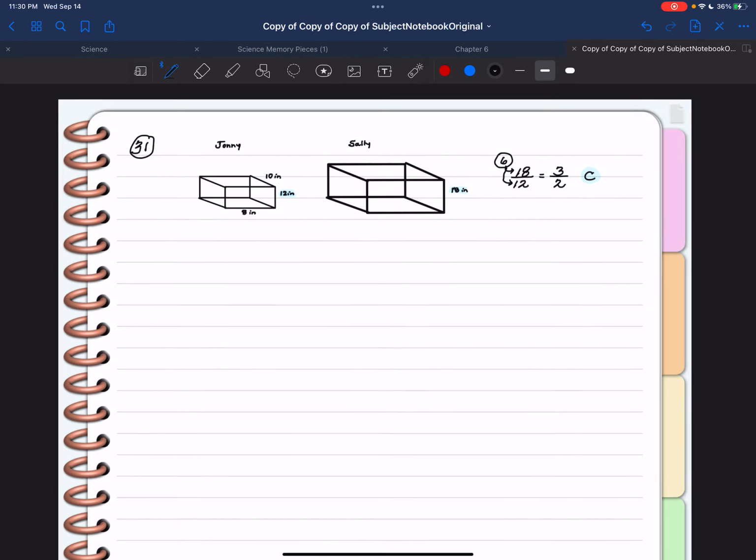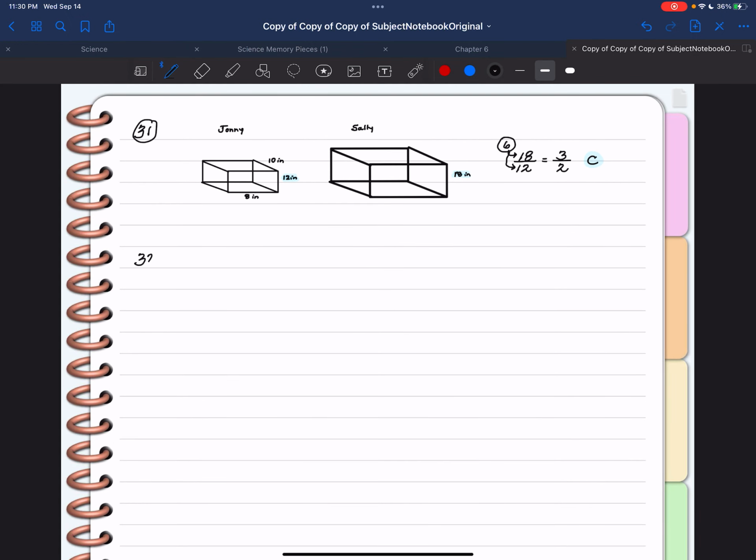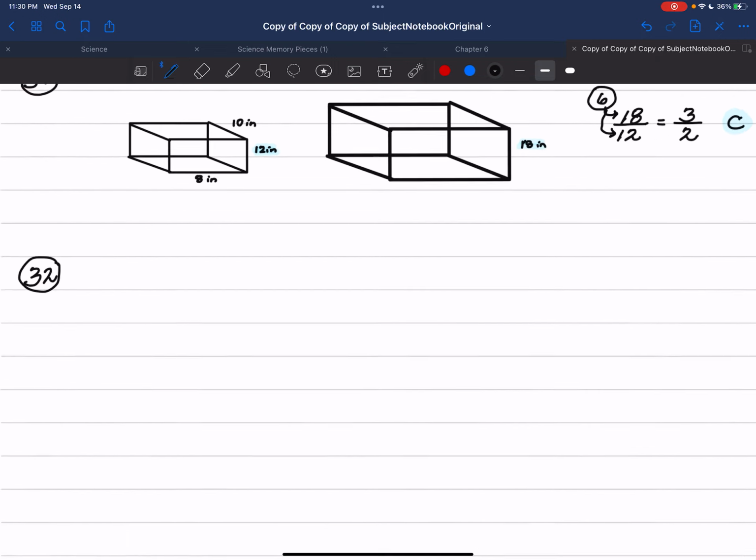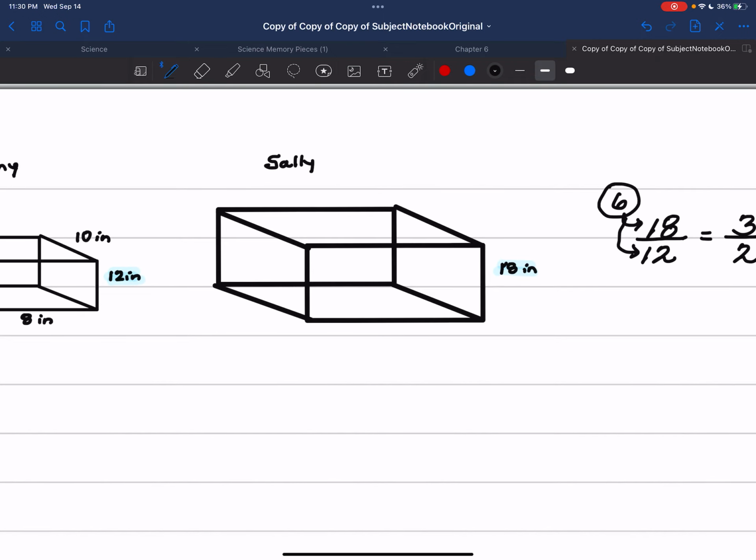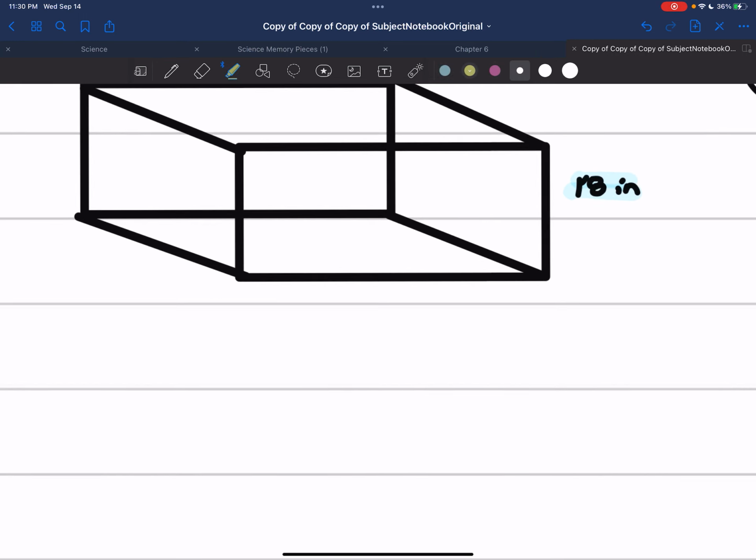Number 32. What is the area of the base of Sally's tank in square inches? All right, so we're looking at Sally's tank and we want to know just the base area.